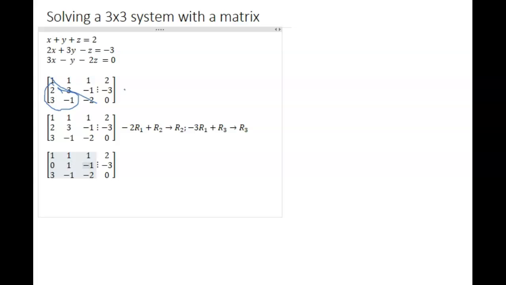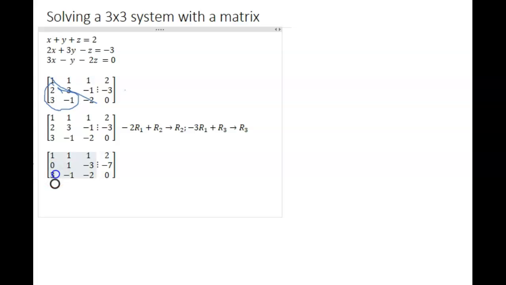Next, -2 times 1 is -2, minus 1 is -3. And finally, in the constant column, -2 times 2 is -4. -4 plus -3 is -7. And we're done with row 2.